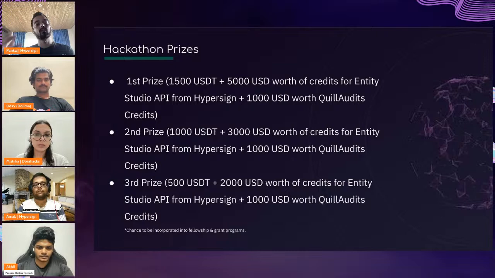So what we're trying to provide builders here is a good six months run rate, so that they can create a real product and then run it for 6 to 7 months with this money. And also, Dojima and Hypersign could incorporate any project that has real potential, or where judges see the potential in the product, into fellowship and grant programs from DoraHacks or Hypersign going forward.